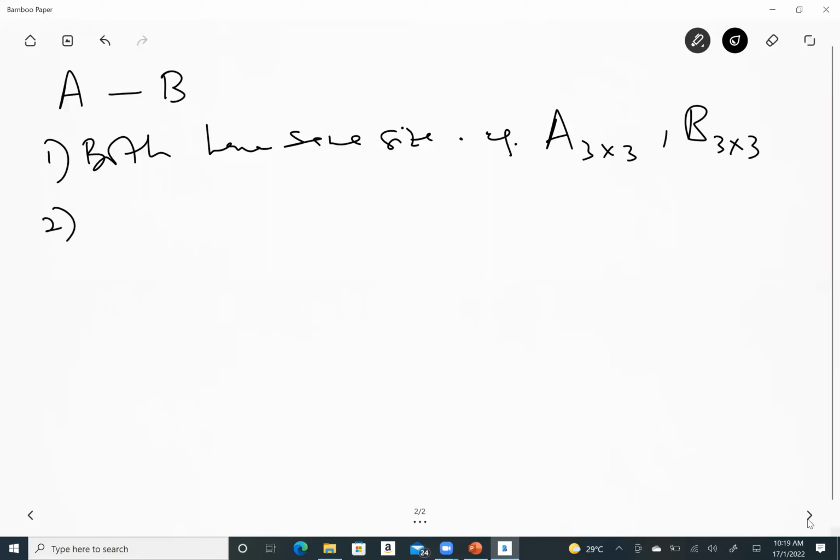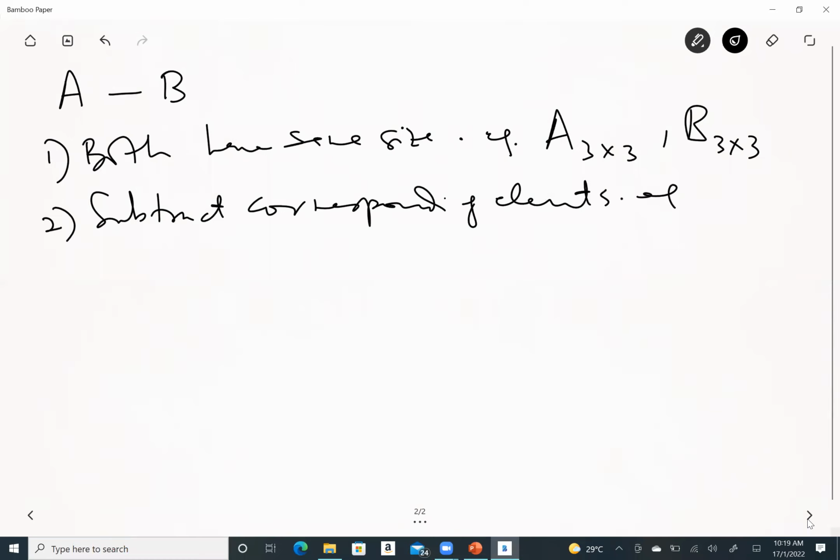And number two, we subtract corresponding elements. Example, A11, you subtract B11.